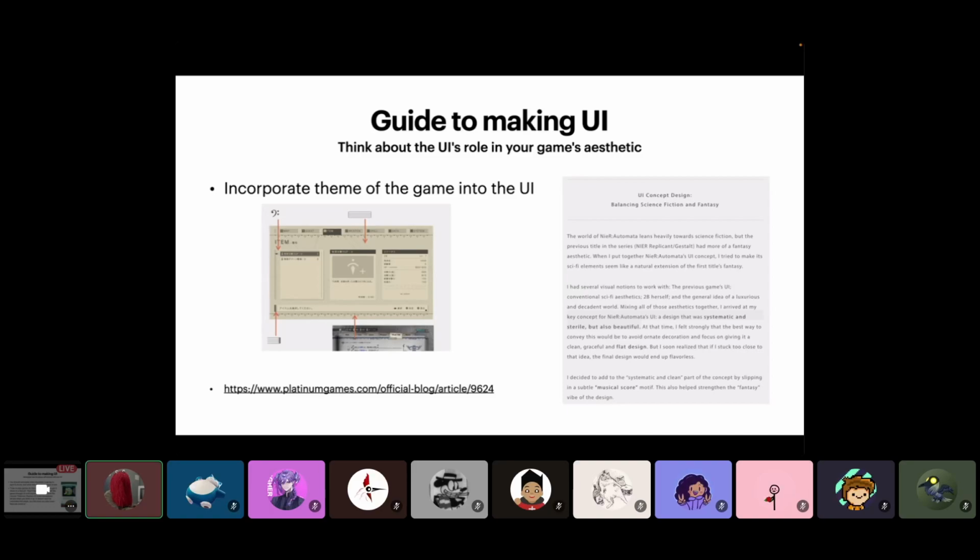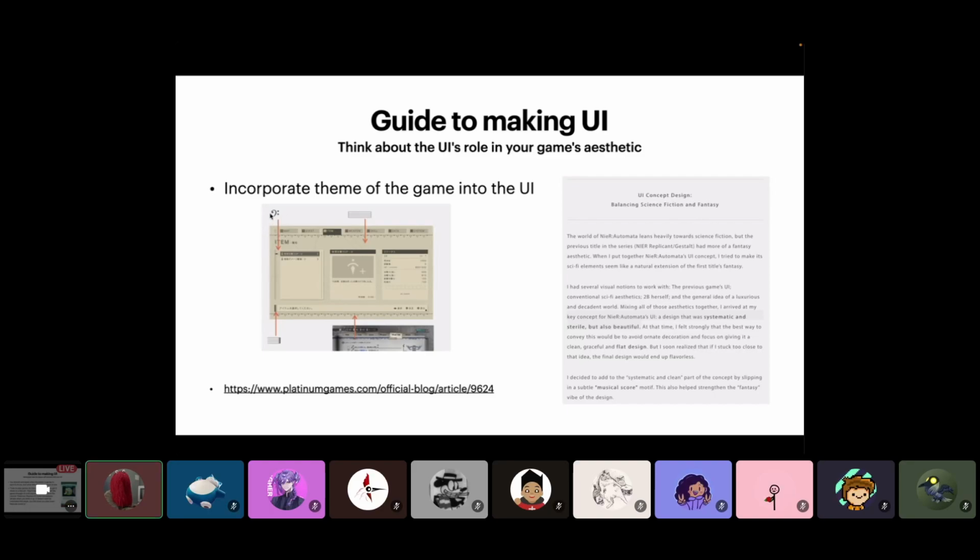And finally, another example of thinking about the game's aesthetic and incorporating it is in Nier Automata, my favorite game. There's an article over here where the UI UX designer was talking about balancing the simplistic aspects of the UI while making it not too plain and incorporating a little bit of fantasy.